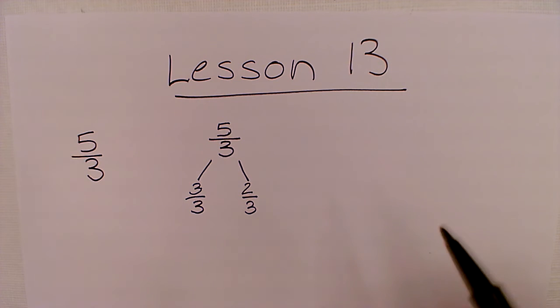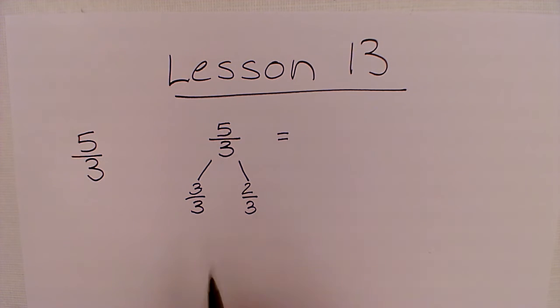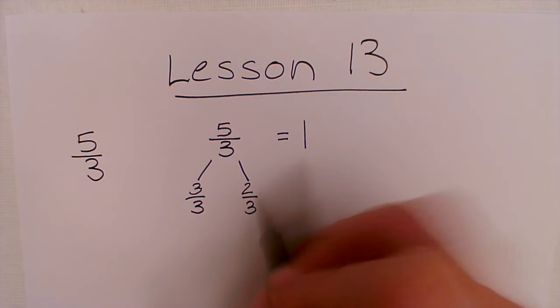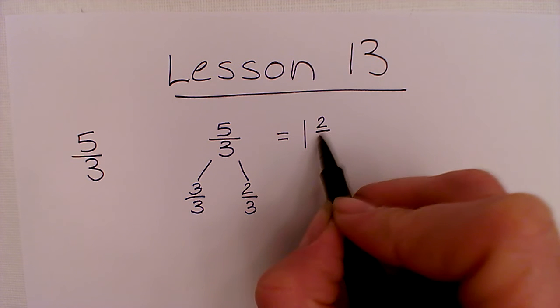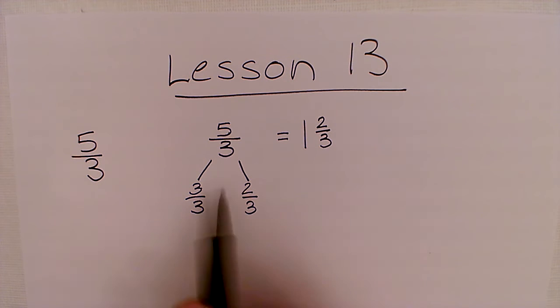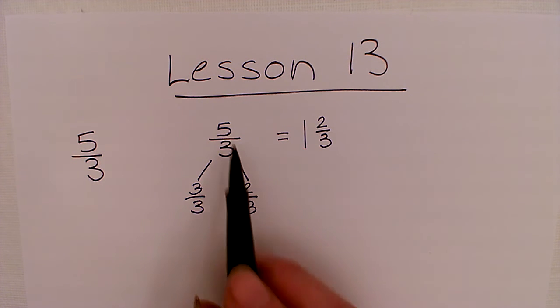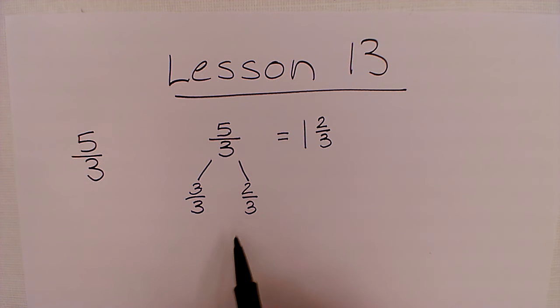So now I know that this 5/3 is equal to 1 and 2/3. I took my 3/3, turned it into a 1 to show that 5/3 is really just 1 and 2/3.